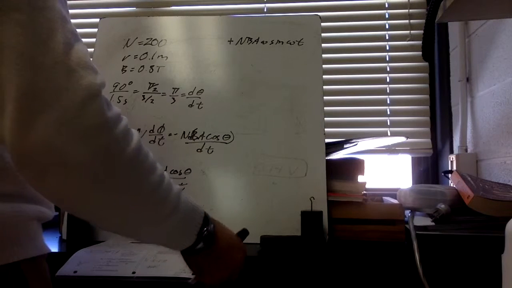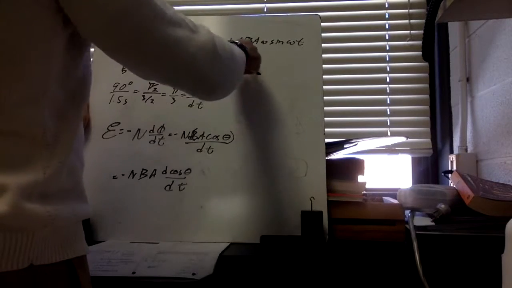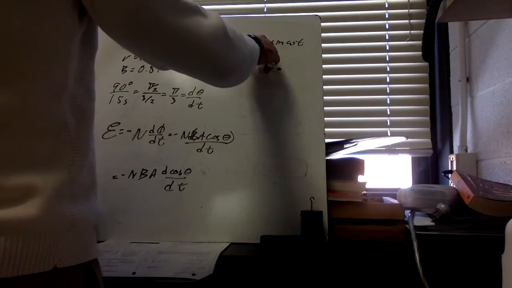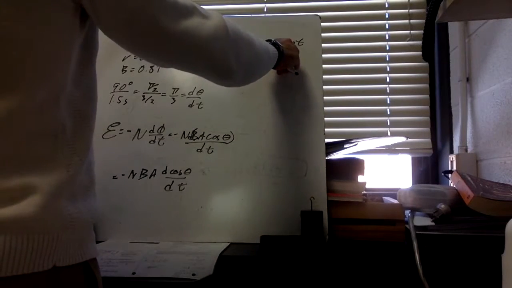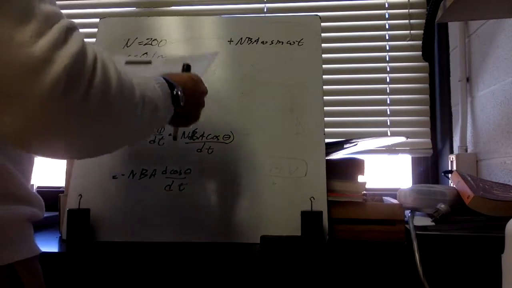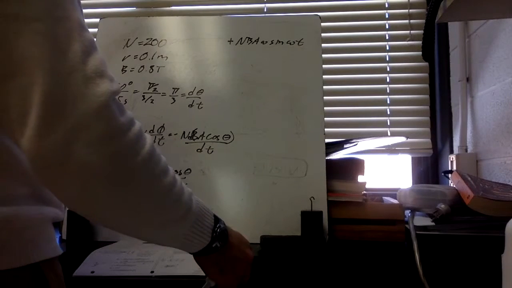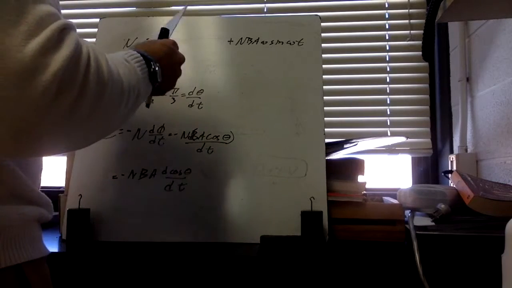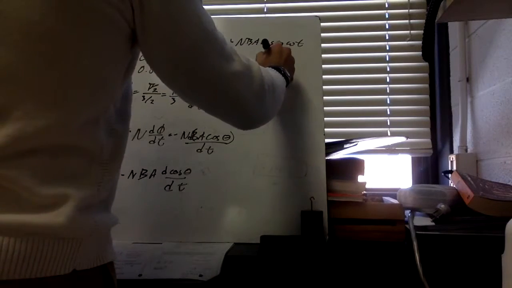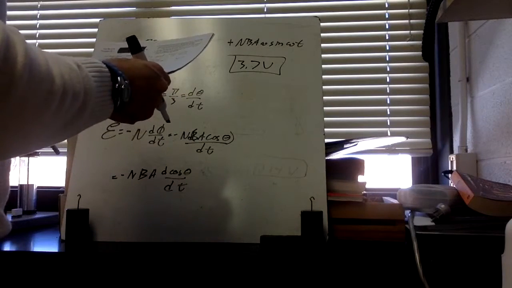And so when you plug in the numbers, N is 200, B is 0.8, A would be pi times 0.1 squared, and then omega would be pi over 3, and sine of pi over 3, you plug in the numbers and you get 3.7 volts as your answer there.